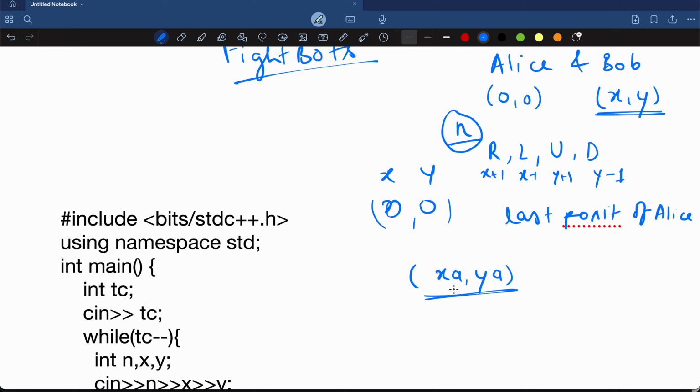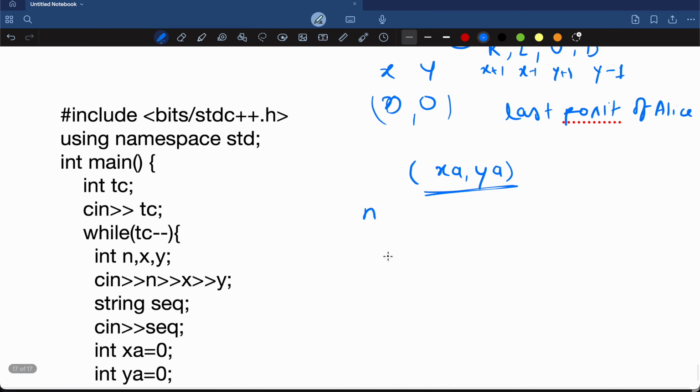And how have I done that? There are n turns, and I calculate the difference between xa and x, and ya and y, the Bob's initial coordinates, using the absolute difference.